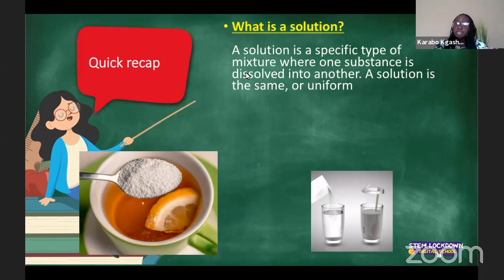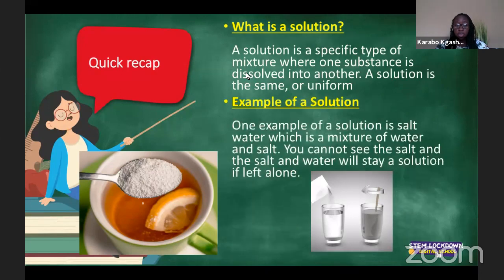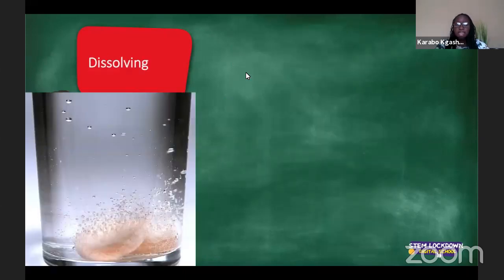Any type of mixture that we try and mix that actually gets dissolved into another would be called a solution. One example of a solution is salt and water, which is a mixture of water and salt. You cannot see the salt, and the salt and the water will stay a solution if it is left alone. As soon as you mix salt inside the water, the salt immediately dissolves in the water.